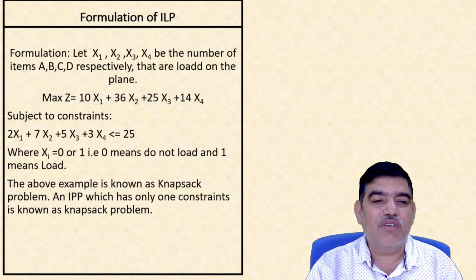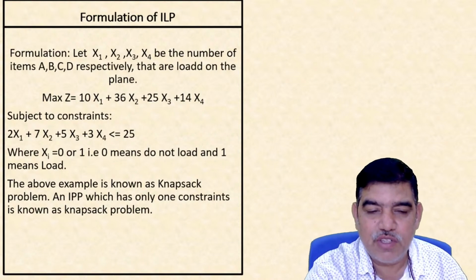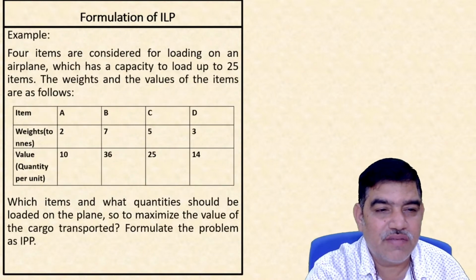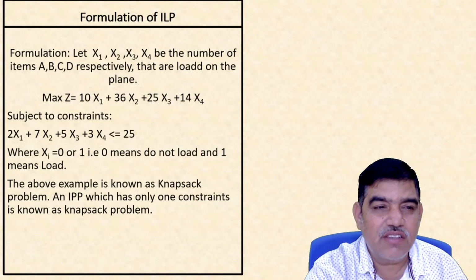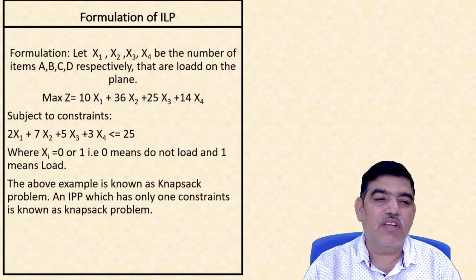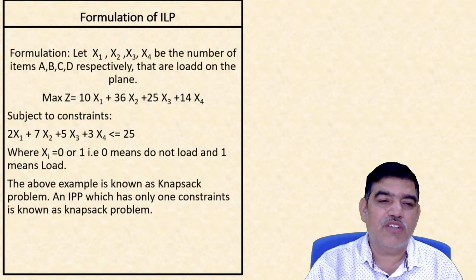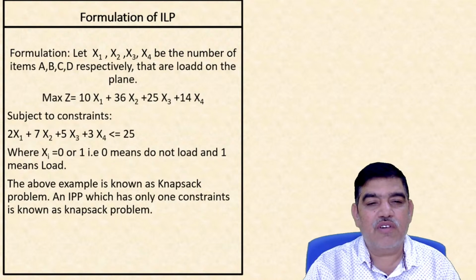Now, subject to constraint. Subject to constraint means what? The weights, for item A, that is 2, for item B, that is 7, for item C, that is 5, for item D, that is 3. Hence, the constraint equation is 2x1 + 7x2 + 5x3 + 3x4 ≤ 25.